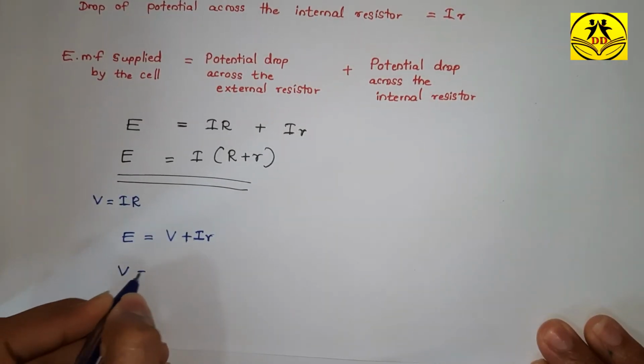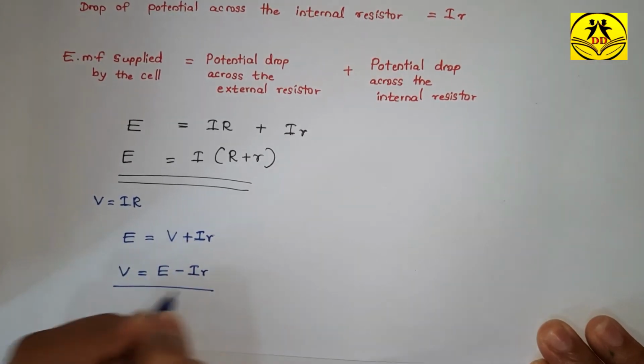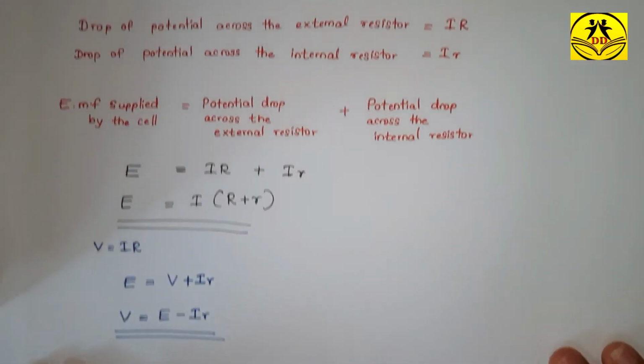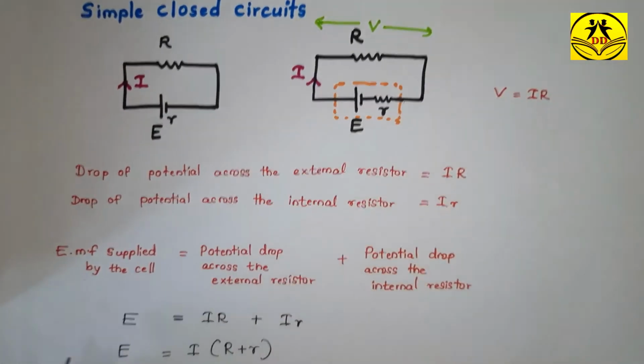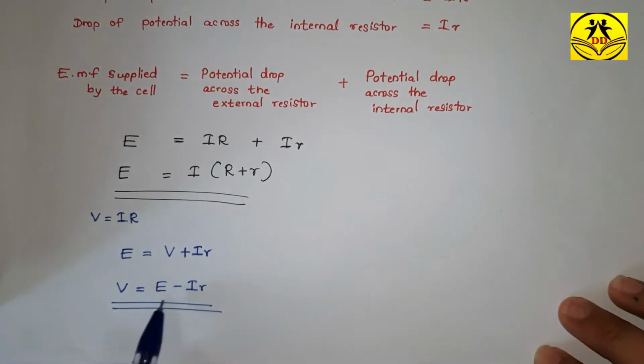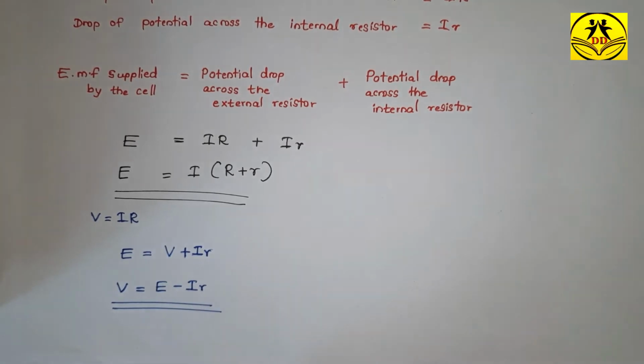Then you can write V equals E minus Ir. This is another thing you should remember. The potential difference across the external resistor is equal to the electromotive force of the cell minus the potential drop across the internal resistor. So this is all you have to remember: these two relationships.